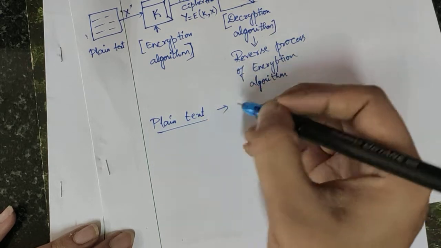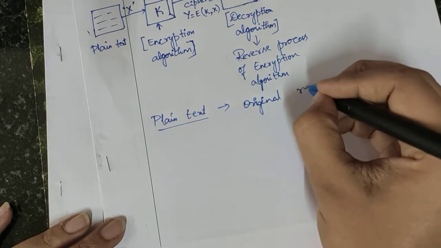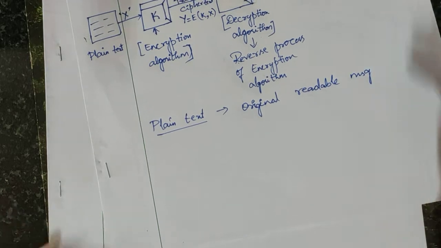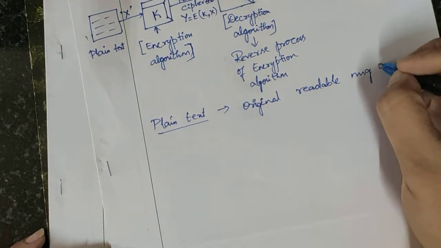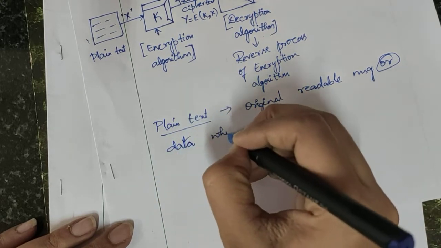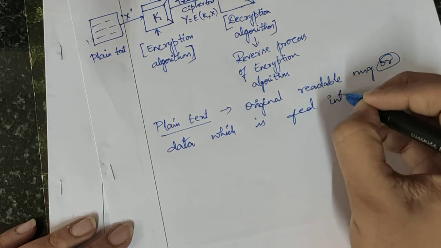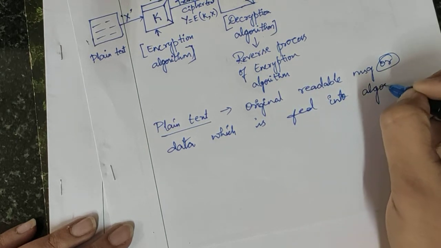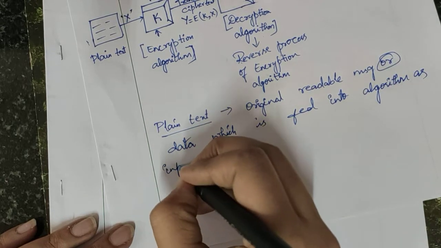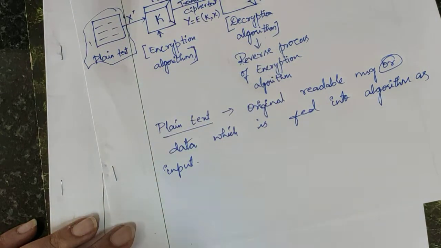Plain text is nothing but the original readable message, or we can say data, which is fed into the algorithm as input. That means we are talking about this plain text.